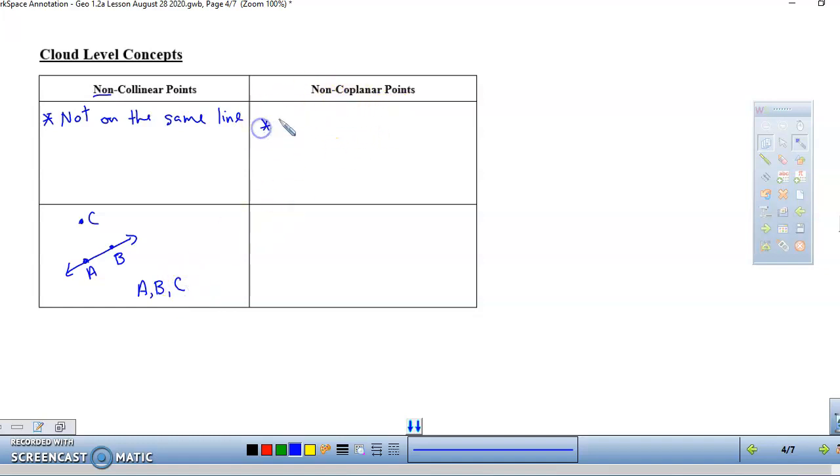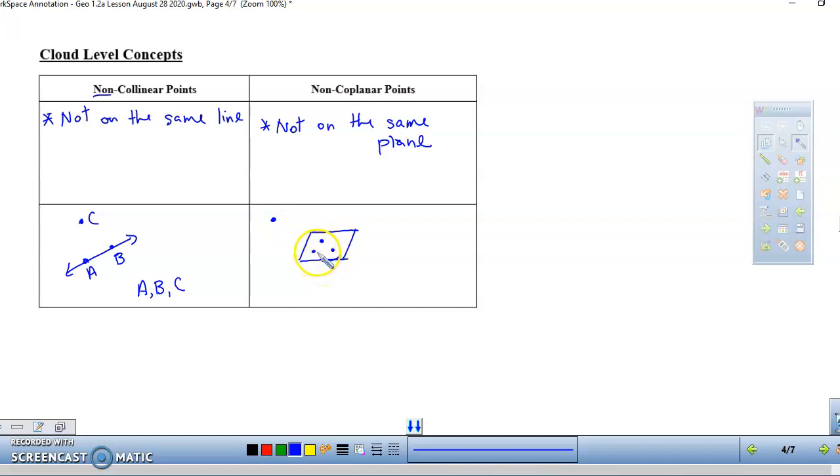Non-coplanar, again, sounds exactly what it is. It's not on the same plane. Okay, so again, you have a couple of points here and here and here are 3 points. And then there's 1 point that's obviously not on the plane.